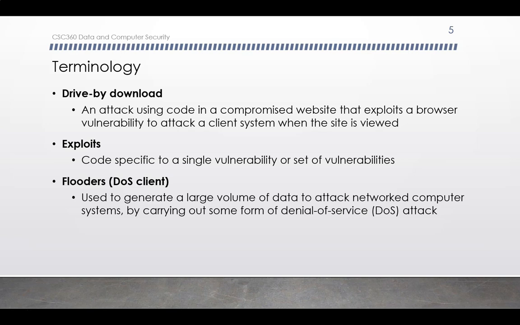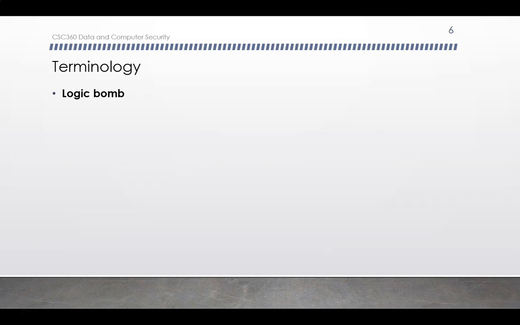The idea here is, we go back to CIA, this affects A, availability. And finally, keyloggers. This is software that captures the keystrokes on a compromised system. As someone is typing something in, such as a user ID and password, that information could be captured and then sent back to some adversary.